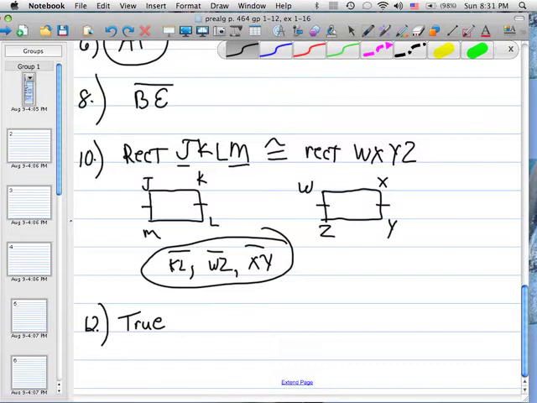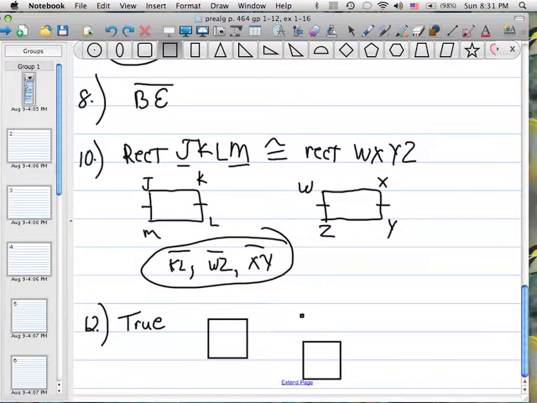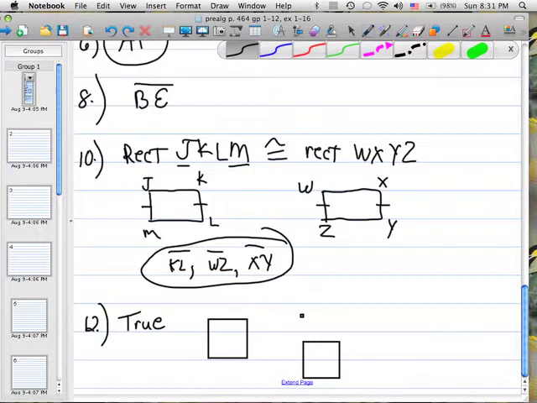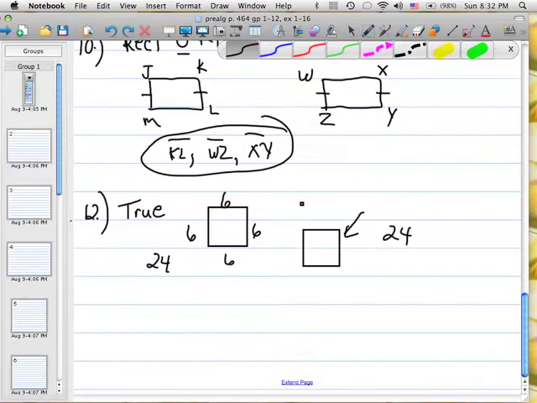If you have two squares with the same perimeter, they have to be identical. So if this side's 6 and its perimeter is 24, and this one has the same perimeter, all of its sides have to be 6 also.